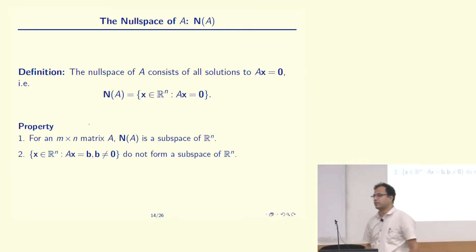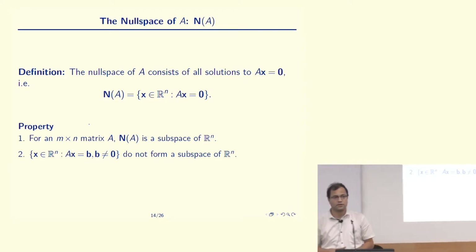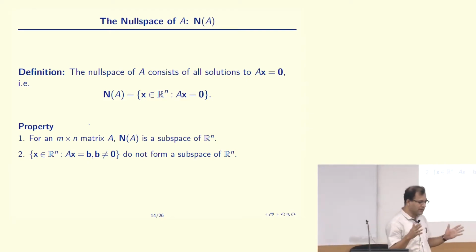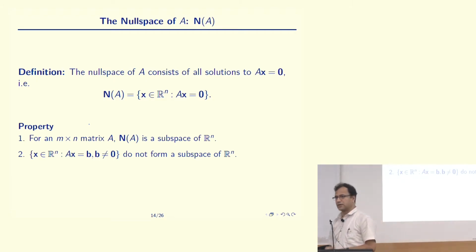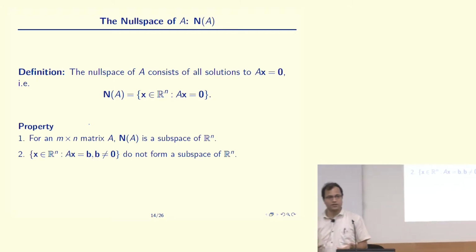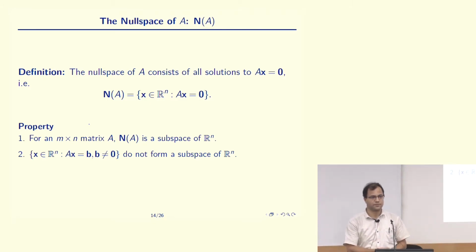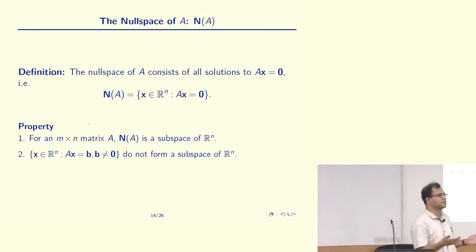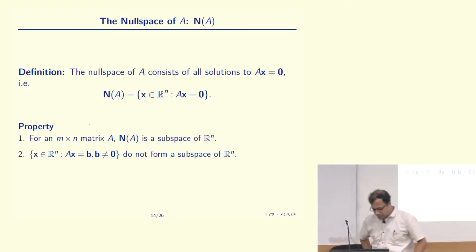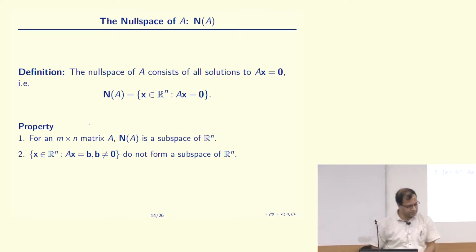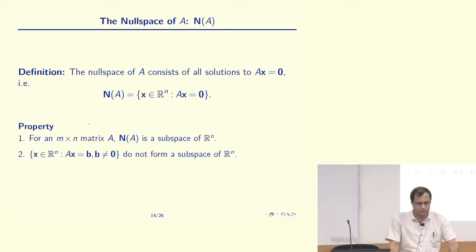Now we want to find two more subspaces which will give us the complete understanding. Till now we have found when the system of equations is solvable, but we haven't talked about whether the system has infinitely many solutions or finite solutions. For that we need to understand more, which is the null space of the matrix A. So what is the null space of the matrix A?